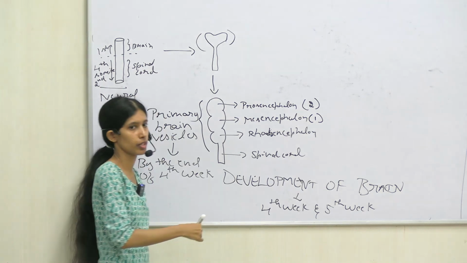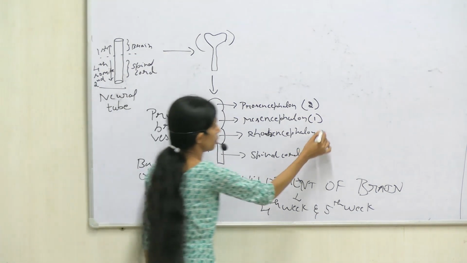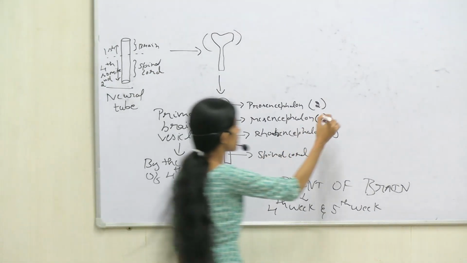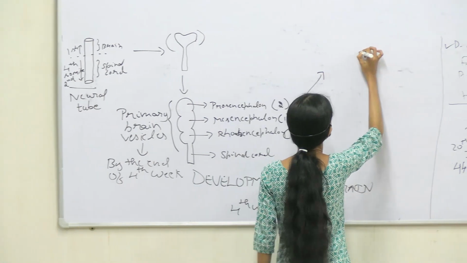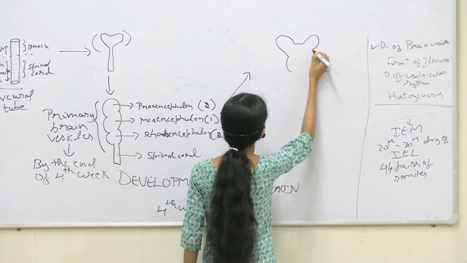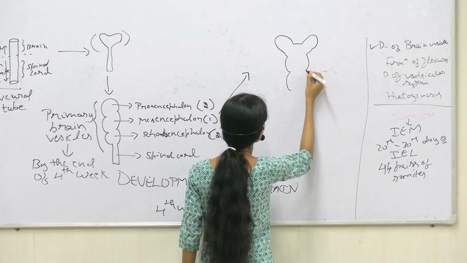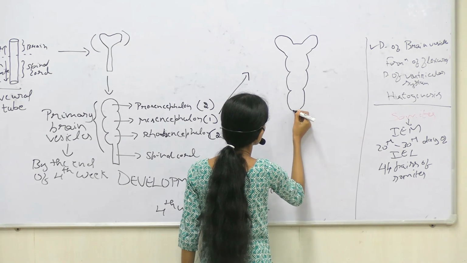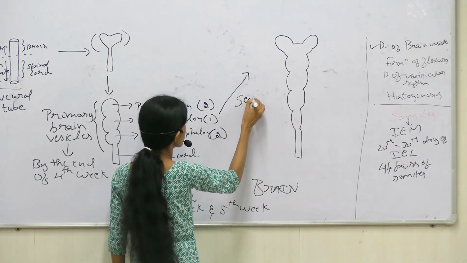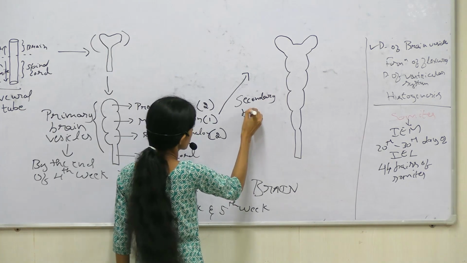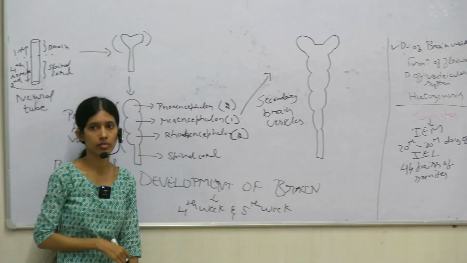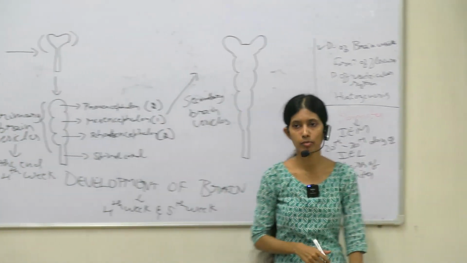It does not give any subdivision, and your rhombencephalon will give rise to two other vesicles. This is your secondary brain vesicles.